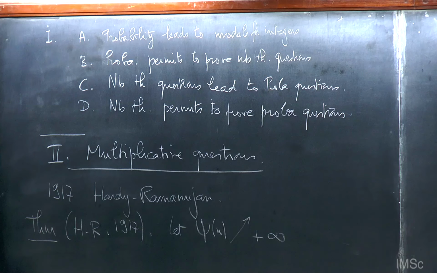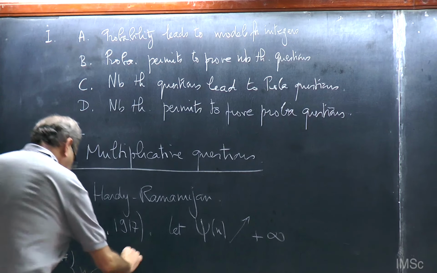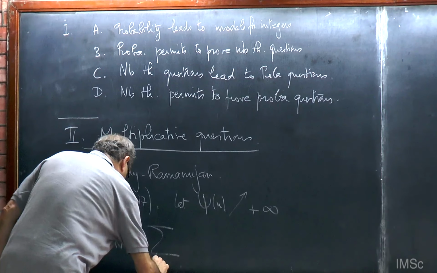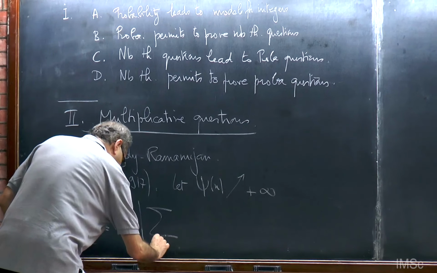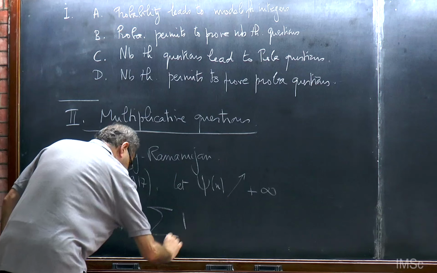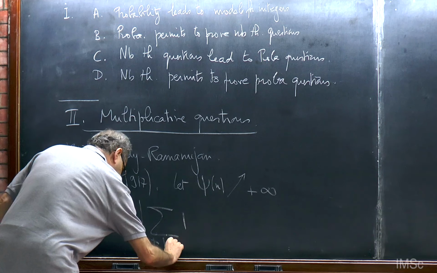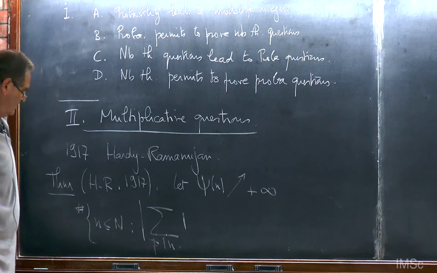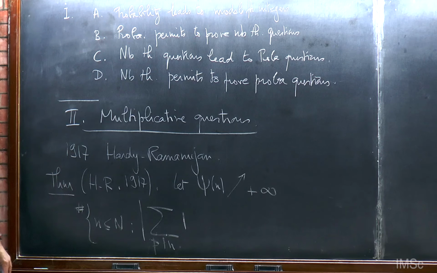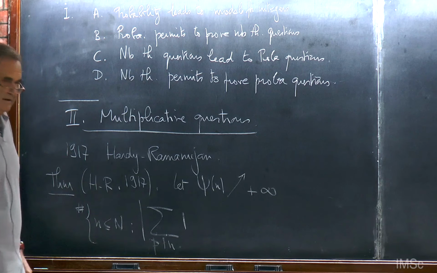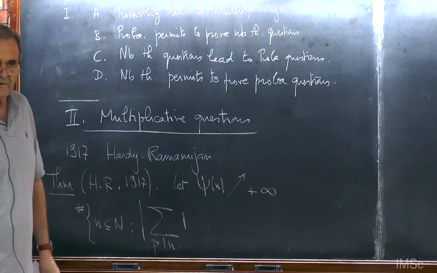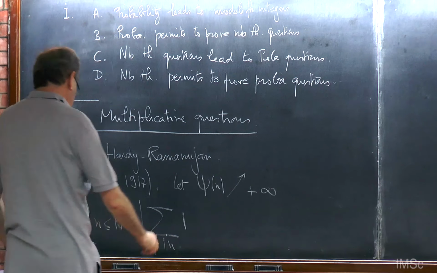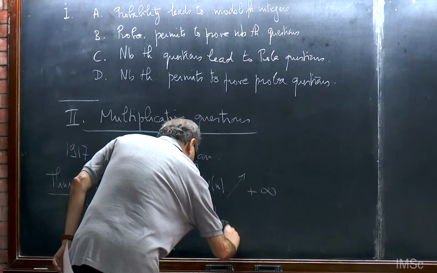What is interesting is that you want to count the number of n up to capital N, for which you look at the number of prime factors of n, that is to say, p divides n. This is the number of prime factors of n. Essentially, this is something like log n. We'll see why it is something like log n, but I tell it to you, so it is log n.